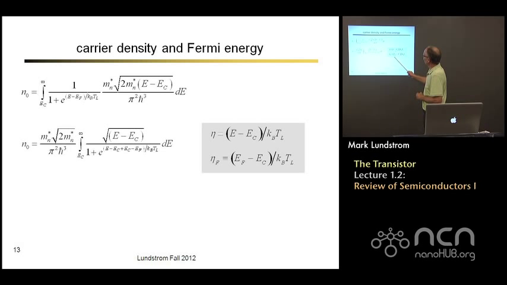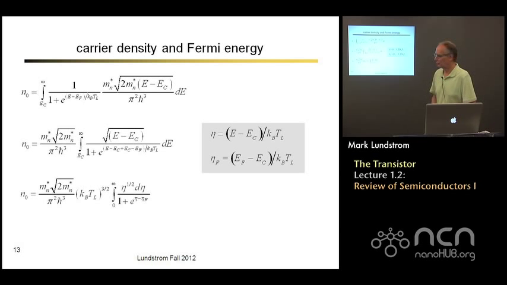I'll define some parameters. Eta is a normalized energy. It is the energy with respect to the bottom of the conduction band in units of kT. And eta F is a normalized Fermi energy. It's the Fermi energy with respect to the bottom of the conduction band in units of kT. And then I'll do a change of variables and I'll convert my integral to this form. Now I have an integral that if I can work out, we have an answer.